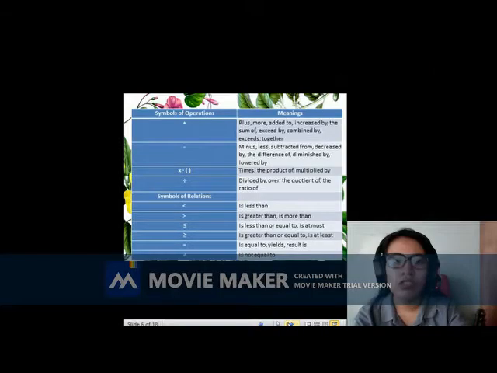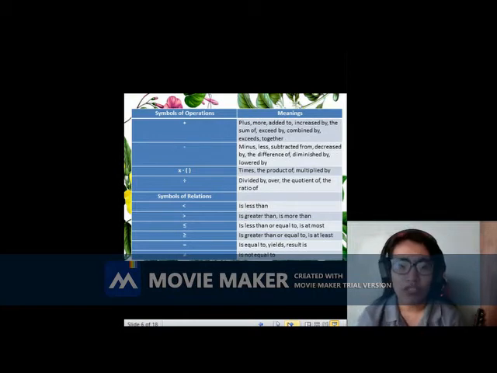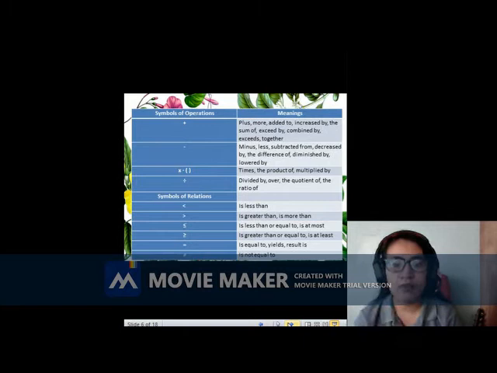We have here two kinds of symbols. First is symbols of operations, and second is symbols of relations. But our focus for now is symbols of operations. I just added these symbols of relations. For symbols of operations, we have plus. As you can see, here is the symbol for our addition.